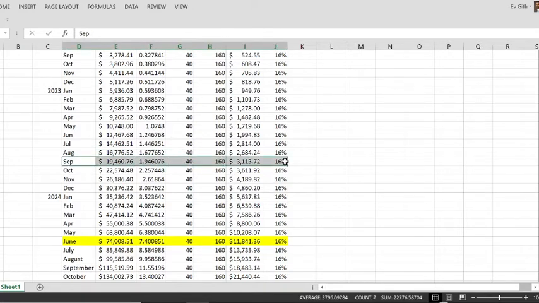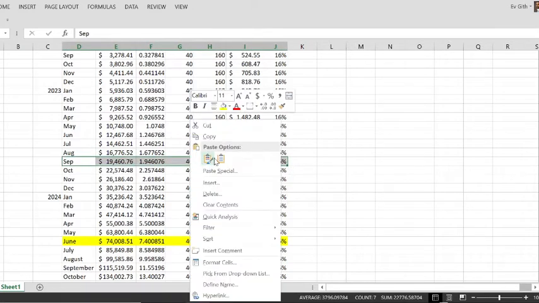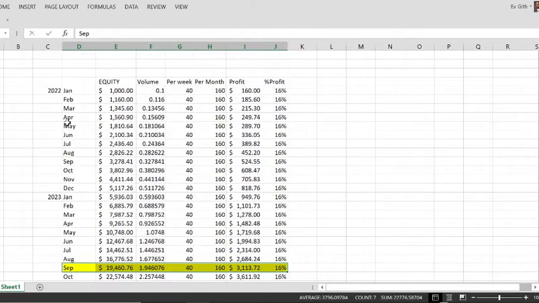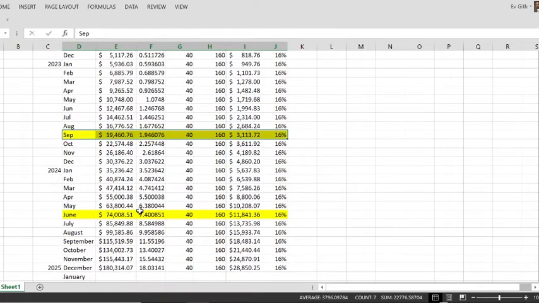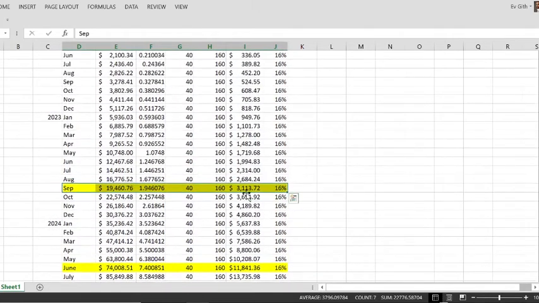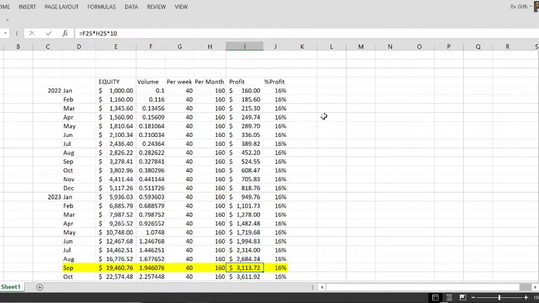By September, around 2 years, 1.8 months. In 1.8 months I'll be getting this income, $3,000, getting a monthly profit of 16%.